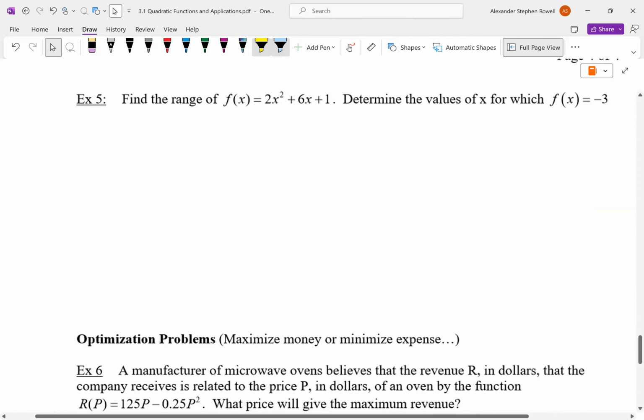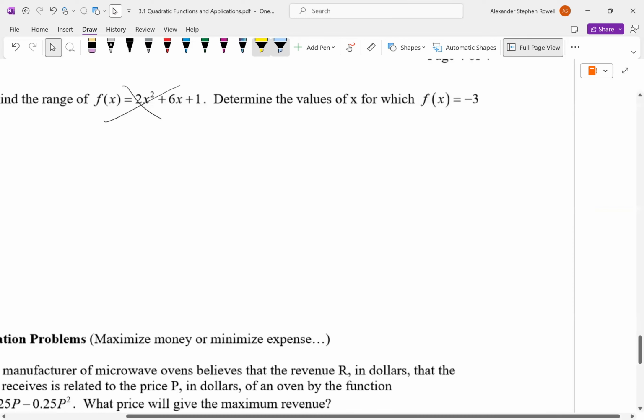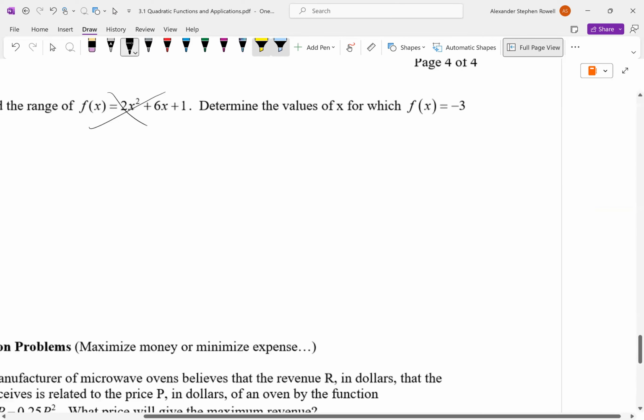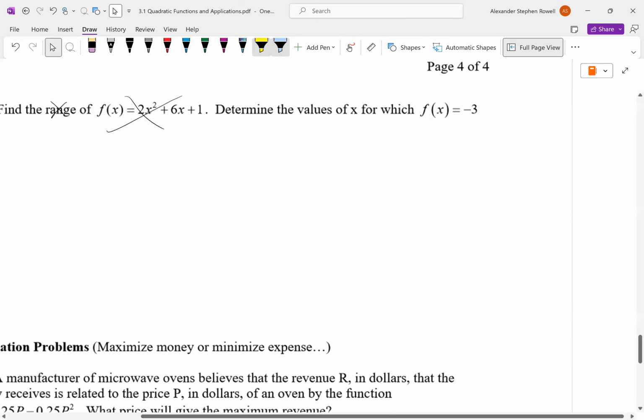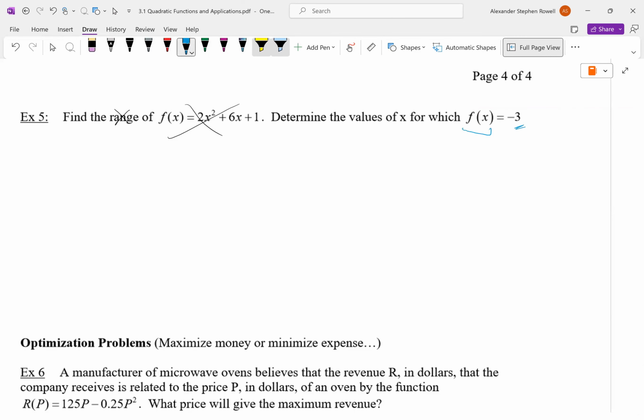All right, let's answer this one. Find the range of this function. Actually, we've already done a lot of these. Okay. But this part would be good review for the test. For what values of x is f of x equal to -3? What does that mean? That's when is my y value equal to -3? It's really asking for which x values is that true.